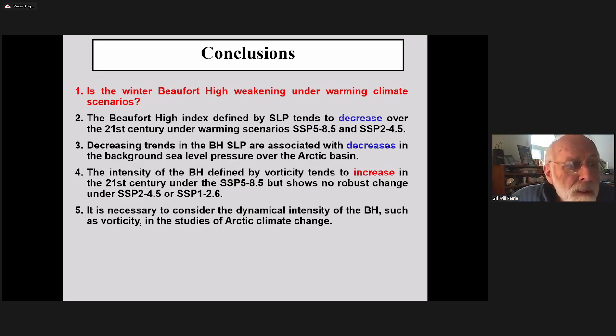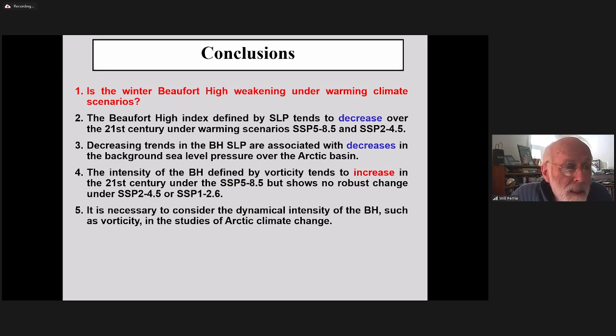What we looked at was the Beaufort high index defined by sea level pressure, and we find that it decreases over the 21st century with the warming scenarios 8.5, 4.5, but the decreasing trends in Beaufort high sea level pressure are associated with decreases in the background sea level pressure over the Arctic basin. So perhaps that's not a surprise.